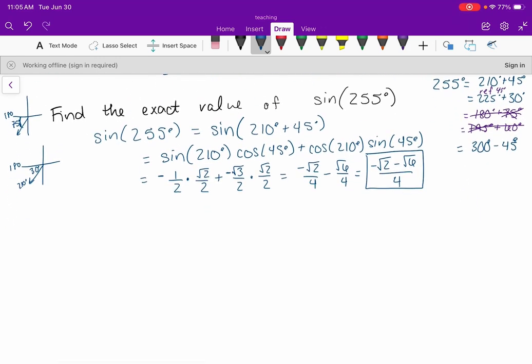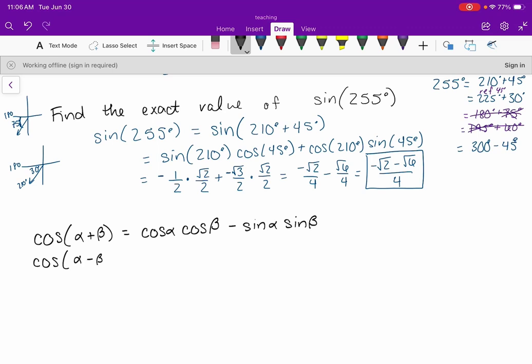Let's go ahead and do some cosine ones now. So we can also have the cosine sum and difference identities, so I'll write those out for us. Again, these are on the identity sheet, so you don't need to memorize them. And the difference, so these are the cosine sum and difference formulas or identities.